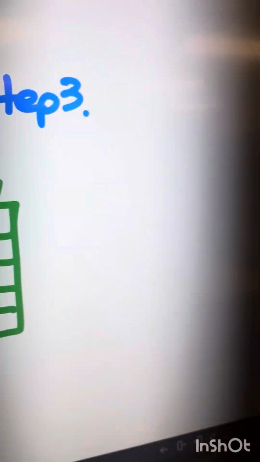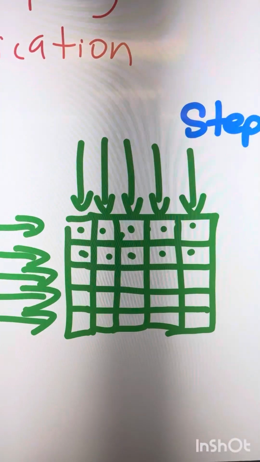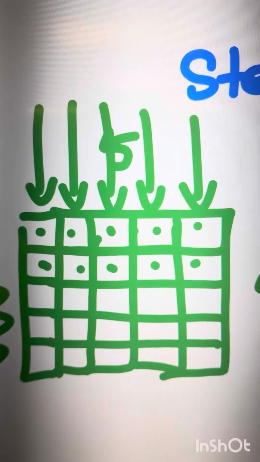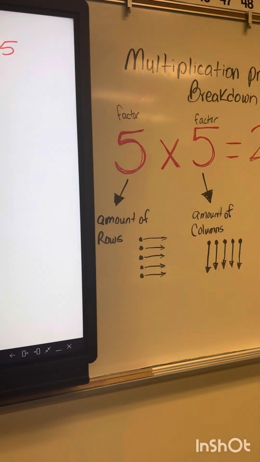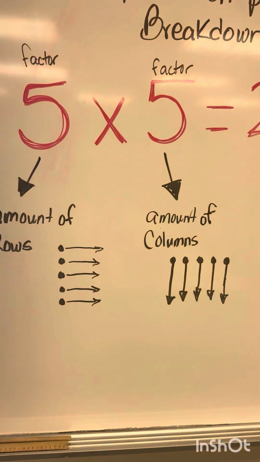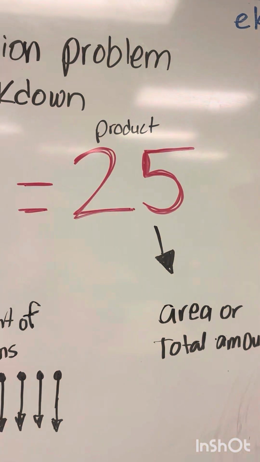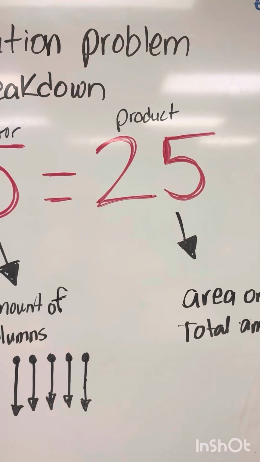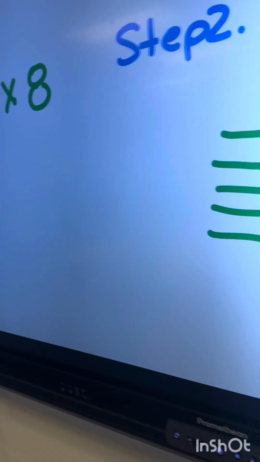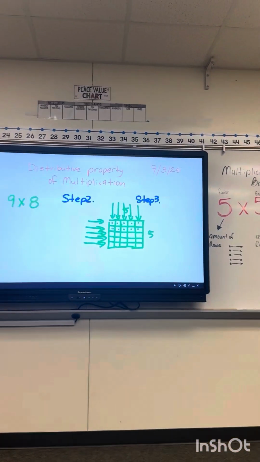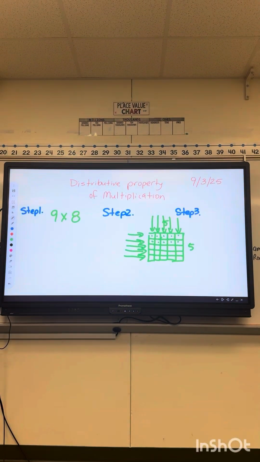And you do that by multiplying the sides, 5 times 5. So that's what this demonstration means. And obviously these are the two factors. That's the product. The product is pretty much the answer to a multiplication equation. The quotient, which I showed you before, is the answer to a division equation.